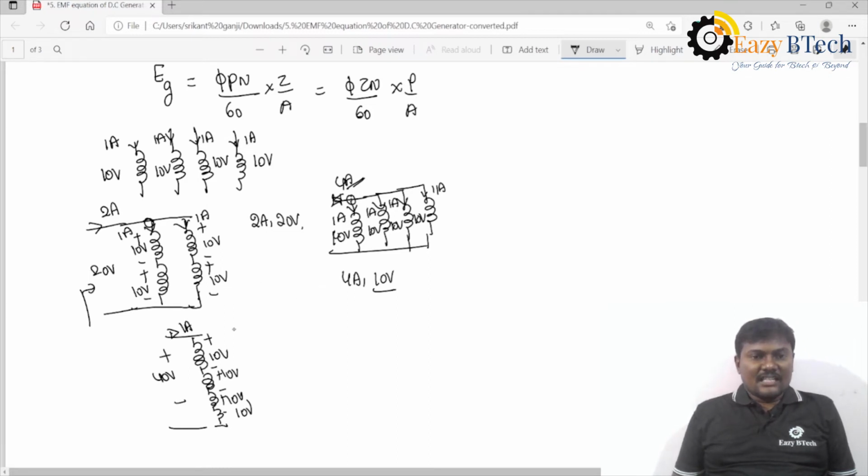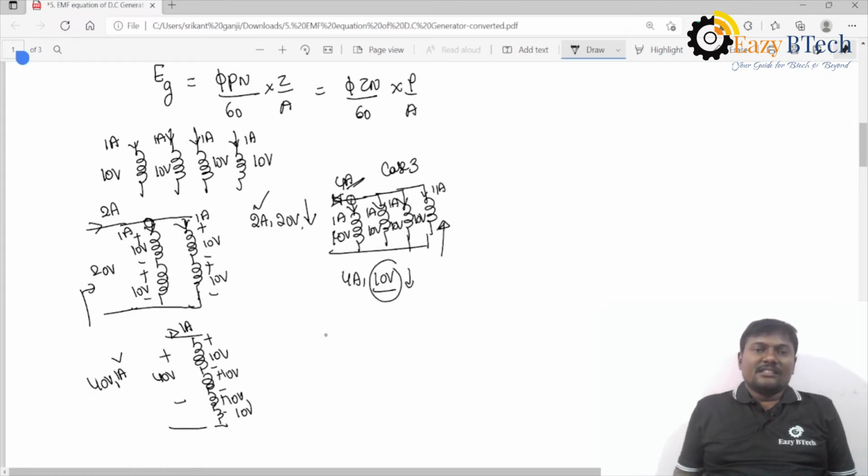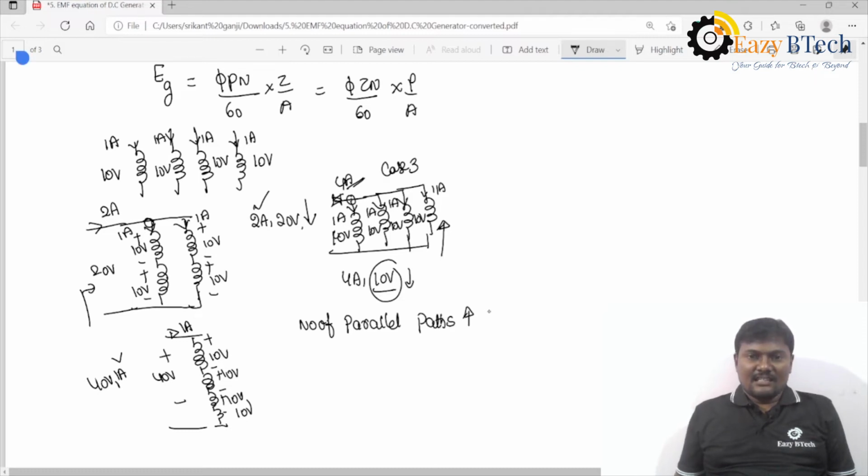Each coil carries a current of 1 ampere. Let us check: in the first case, 40 volts, 1 ampere. In the second case, the current is increasing and the voltage decreases as the number of parallel paths increases. In the third case, if the number of parallel paths increases, the voltage decreases. So when the number of parallel paths increases, the generated EMF decreases.